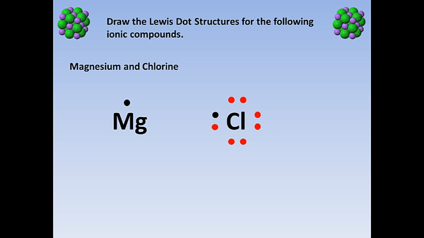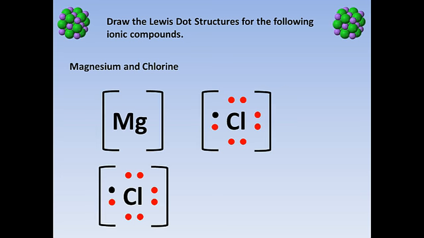Notice that chlorine only needs 1 electron to complete its octet, but magnesium has 2 to donate. It must donate both its valence electrons. So you must draw another chlorine so that the second electron can be taken from the magnesium.